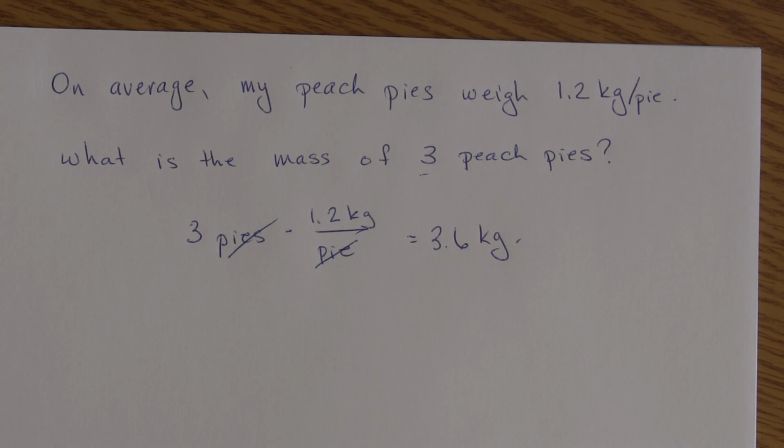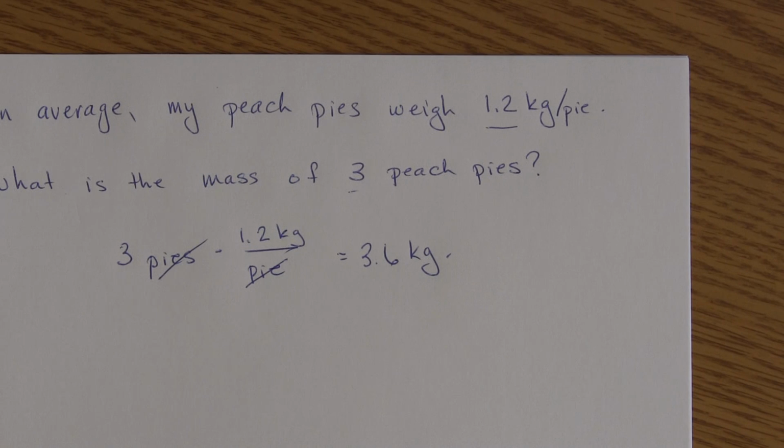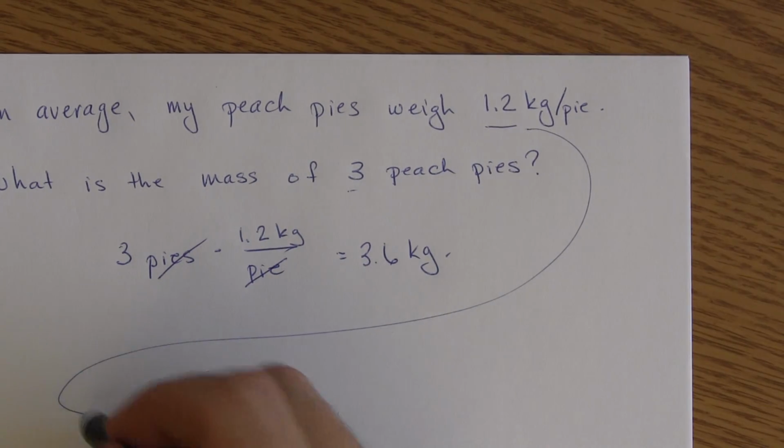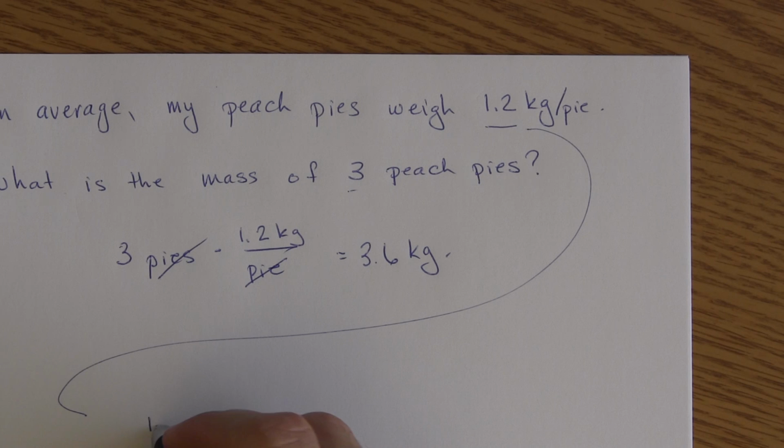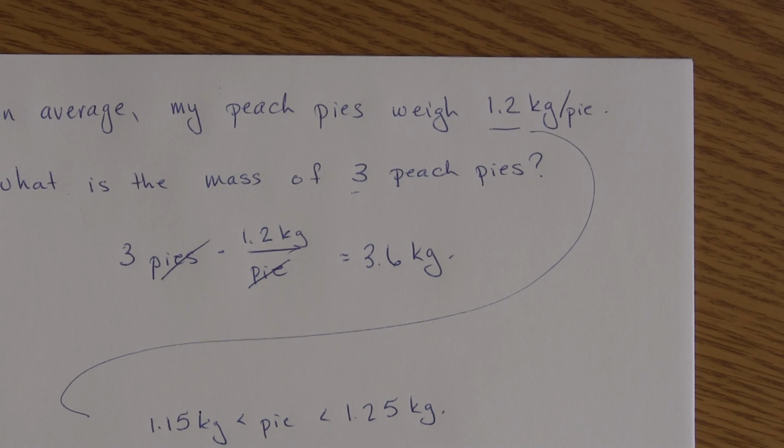But now we reach this question, what does it mean that we have 3.6? Well, my measurement of 1.2 kilograms tells me something about what I know. So I know that my pies weigh somewhere between 1.15 kilograms and 1.25 kilograms. My statement that it has 2 significant figures means I don't know anything below my 100-gram column.